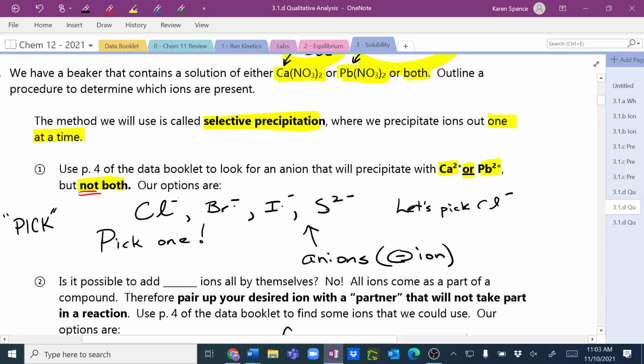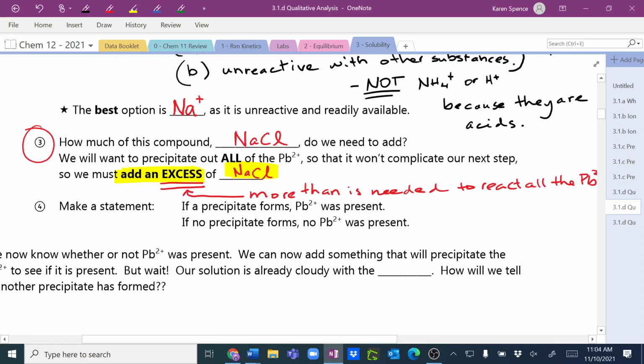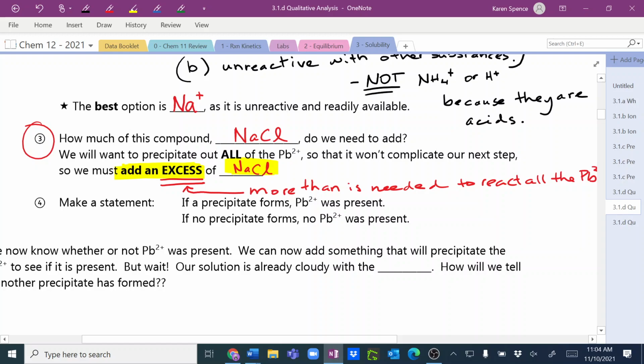It has to precipitate one of them, but not both. Then we have to pick a partner for it. Who's the partner going to be if you need a cation? Na, sodium. Step 3, how much of that sodium chloride are you going to add?